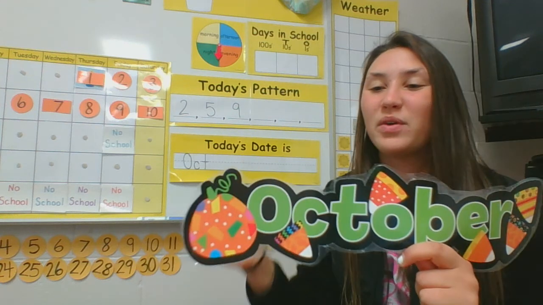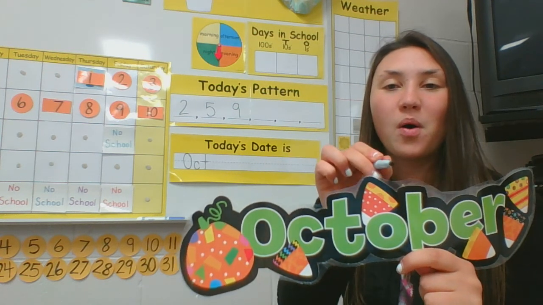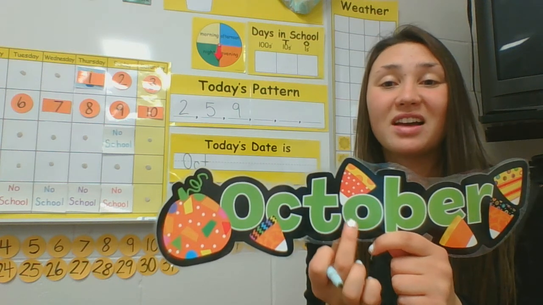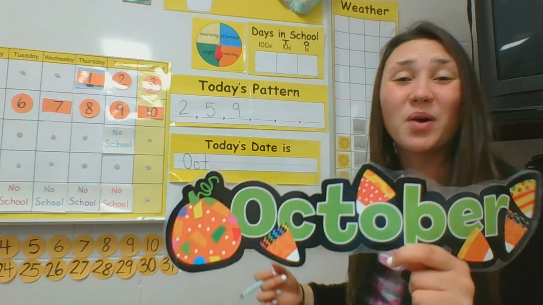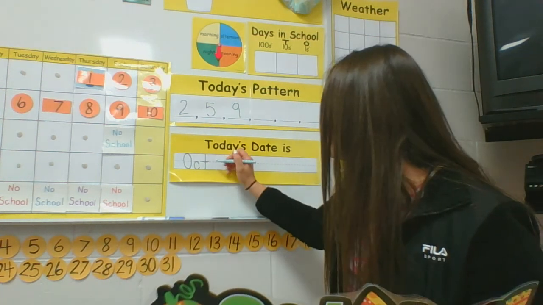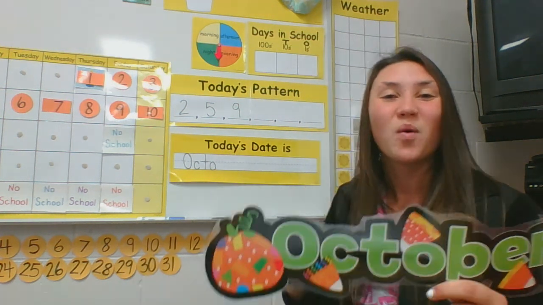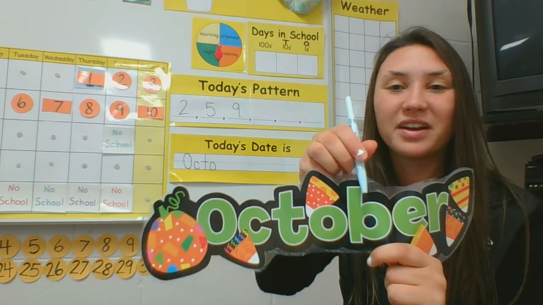All right. We have another o. This o makes the o sound, doesn't it? This one is a lowercase, so go ahead and make your lowercase o. All right. What letter do we have next? Can you tell without sounding it out right here?